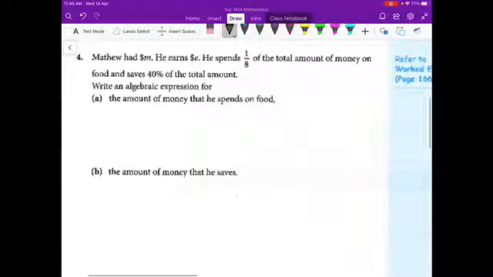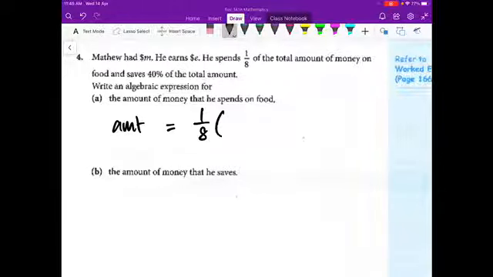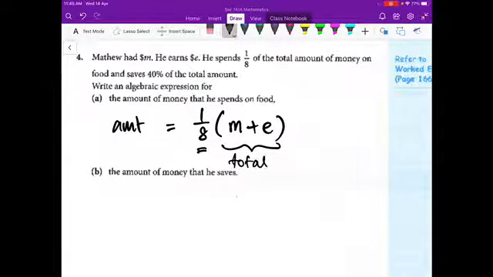So how much was spent on food? One over 8 M plus E. Good. She spent 1/8 of the total. Then you must put down your dollar sign also.